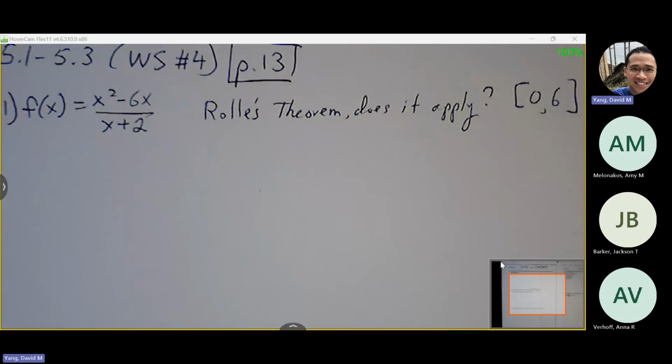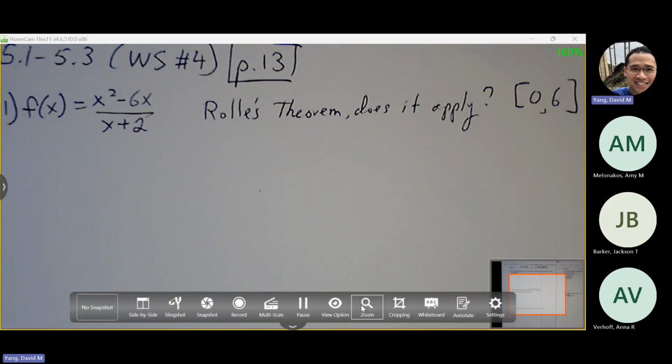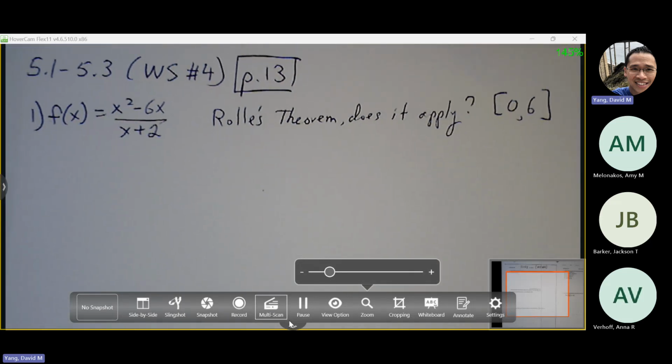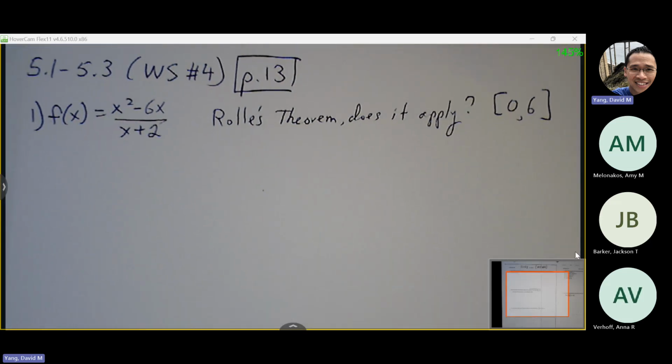Okay, so with Rolle's theorem, first off, any theorem has some conditions attached to it, right? What are the conditions that we need to make sure are good to go before we jump into the rest of the theorem? Continuous and differentiable. All right.